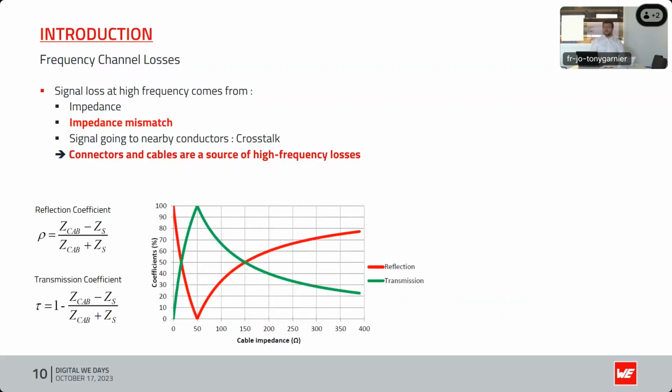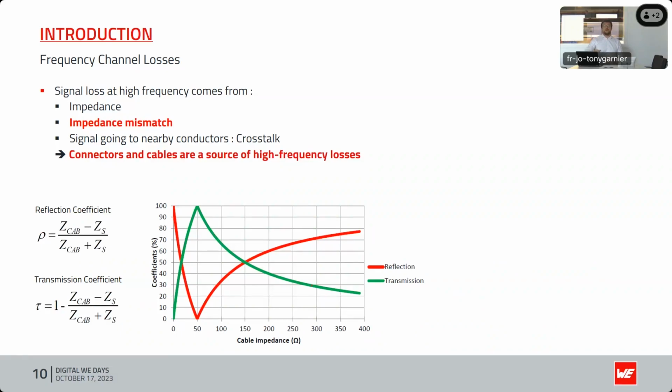Impedance mismatch itself is a big issue, especially for designers of devices, because if you have a connector or a component on a system that doesn't match the impedance of the other components on the system, you will have a big reflection. The signal will bounce on the connector, on the component.